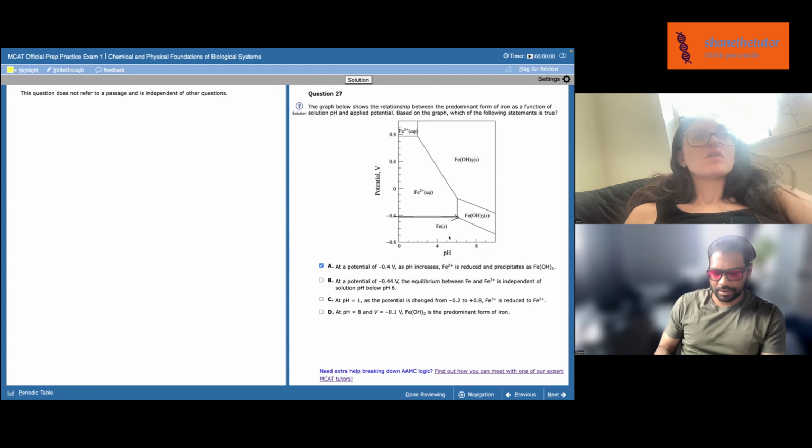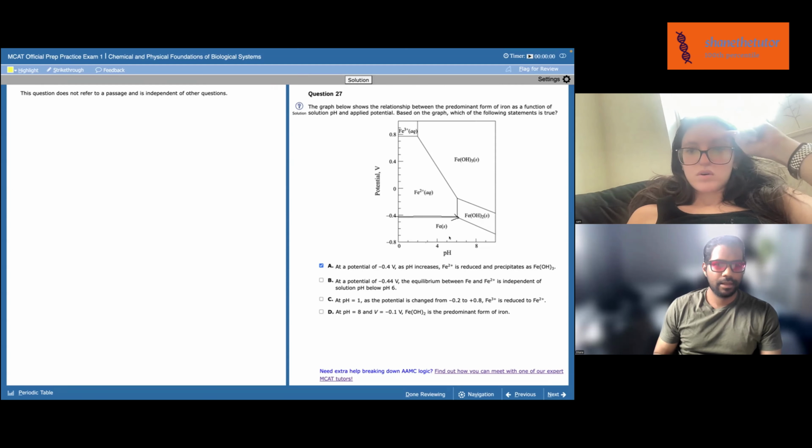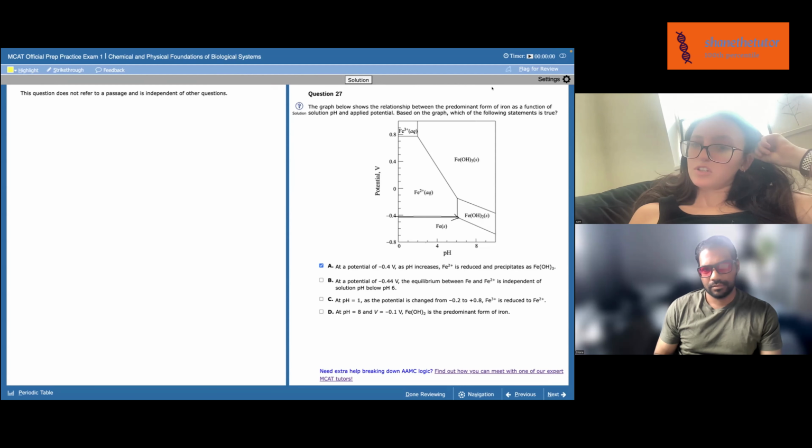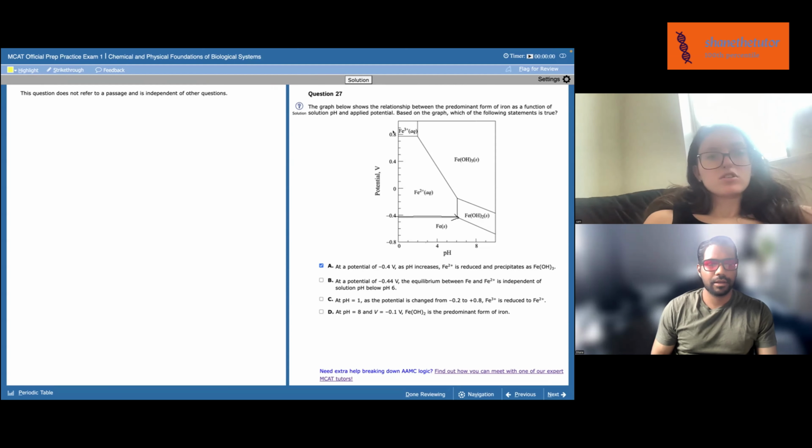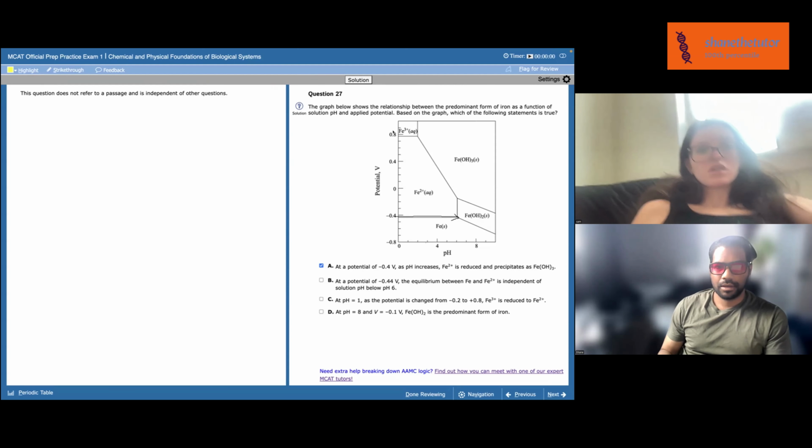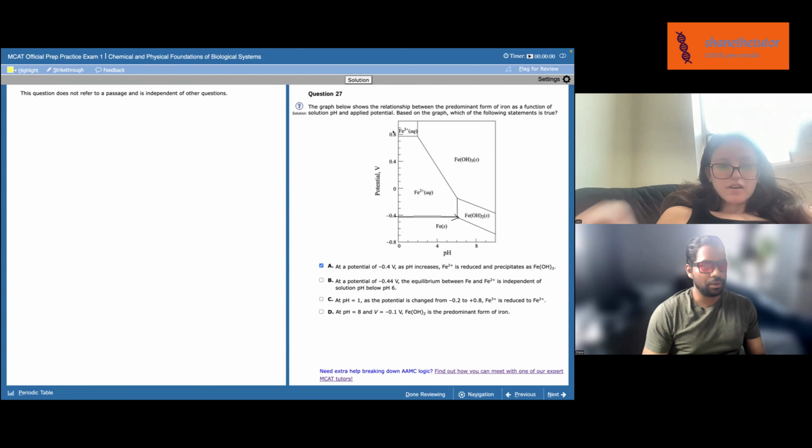So what's this graph showing us? Form of iron as a function of solution pH and applied potential. I don't understand what the solution pH is.